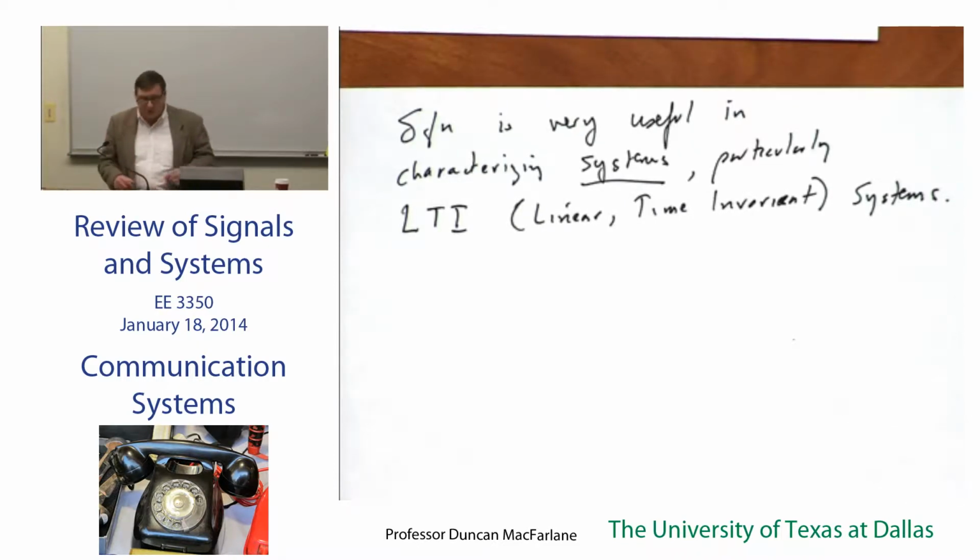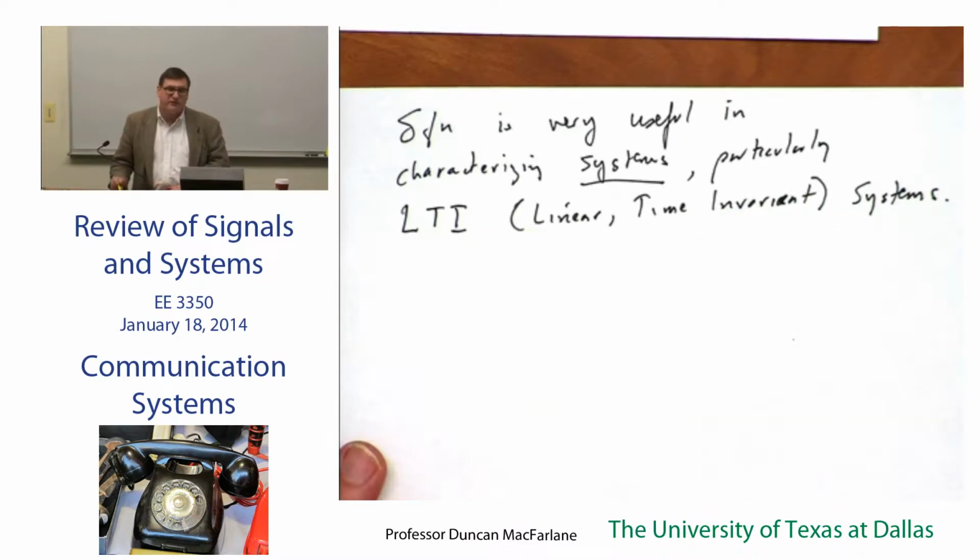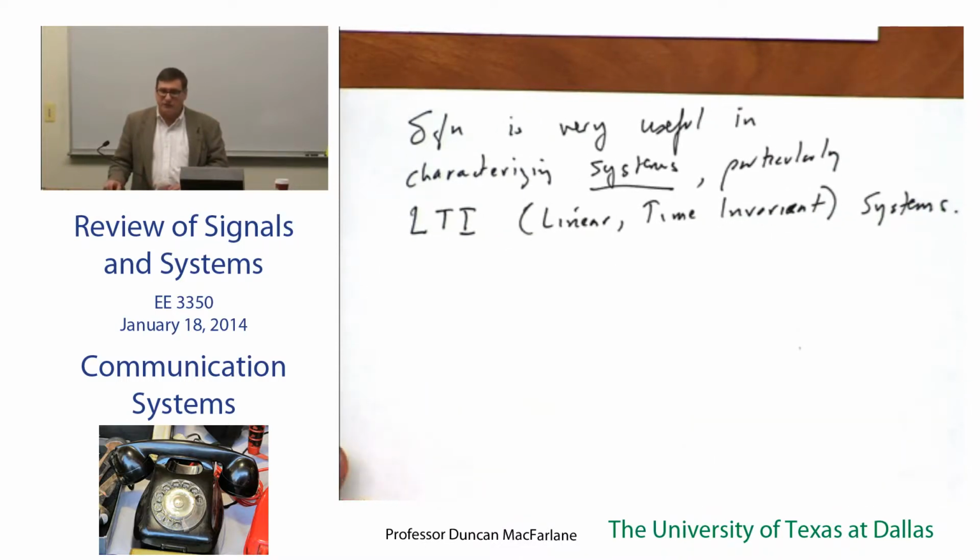So, anyway, all that stuff is going on when we consider a system. Providing that initial little burst of delta function energy in, and showing what happens, tells us a great deal for systems, and in particular linear time-invariant systems, because it allows us to predict the response of any other signal that I put into that system.